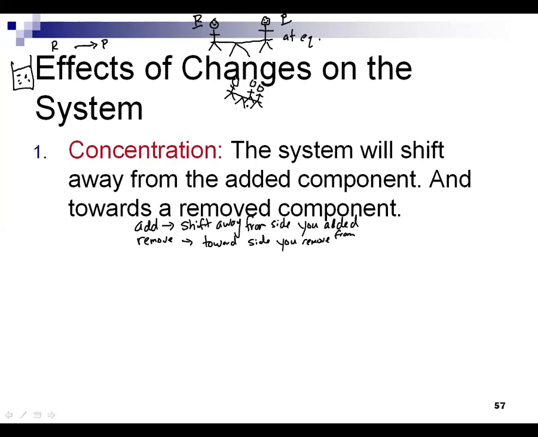And obviously, this guy is now messed up. So to fix it, since we added to our product side, we would need to put more people over there on the left-hand side. I'll draw it over here when we do. This system will get back to equilibrium at that point. So system at equilibrium, we added more people to our product side. Going to shift this way. And then we're back at equilibrium in this case.